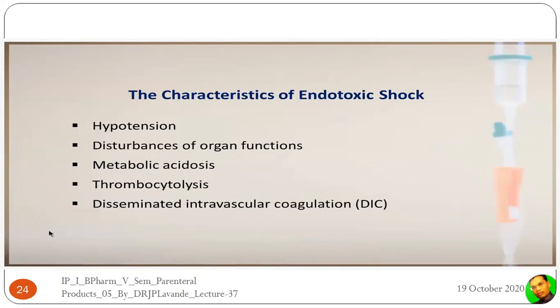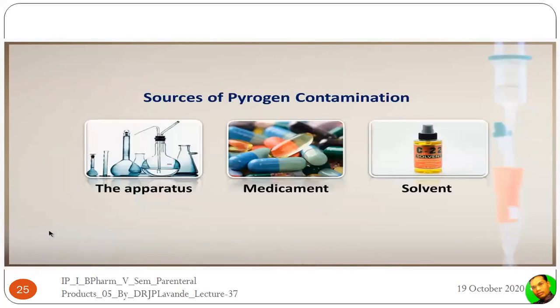The characteristics of endotoxic shock are hypotension, disturbances of organ function, metabolic acidosis, thrombocytolysis, and disseminated intravascular coagulation, that is DIC. So what are the sources of pyrogen? Everything, right from apparatus, medicaments, solvents, raw materials, stages, and equipment, can act as a source of contamination.